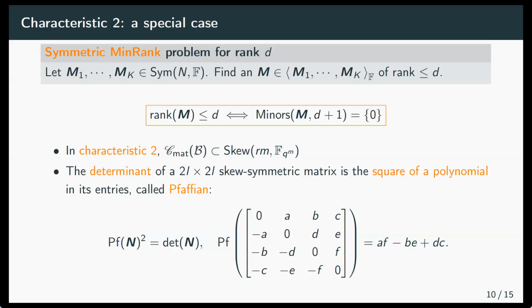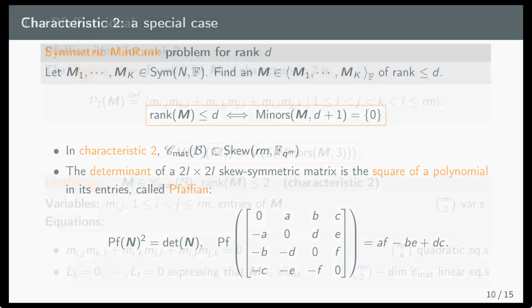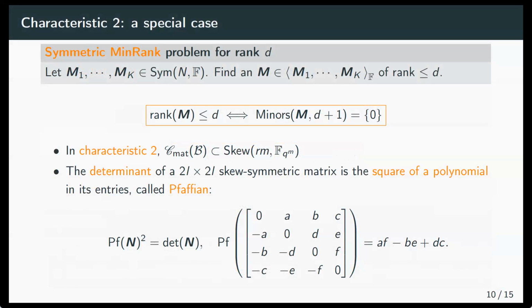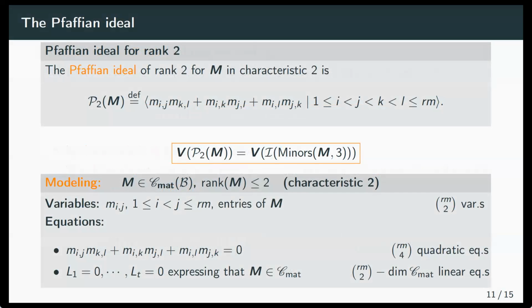So we can replace the minor modeling, the ideal of minors, with the Pfaffian ideal, which contains all these Pfaffians, all these degree 2 polynomials. This means that we have described the same variety, the same set of solutions, by using quadratic polynomials instead of cubic ones. This is clearly an advantage because, in general, when one wants to solve a polynomial system, for instance with Gröbner basis techniques, the lower the degree of the equations involved, the better.